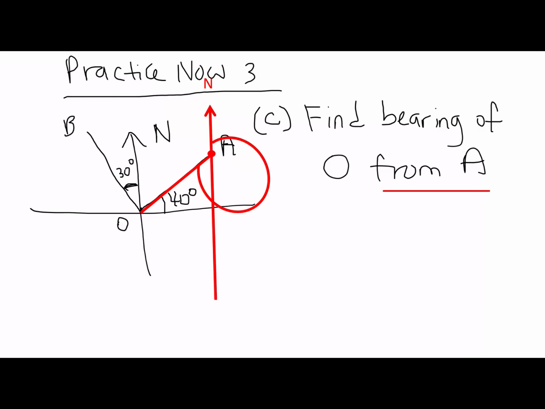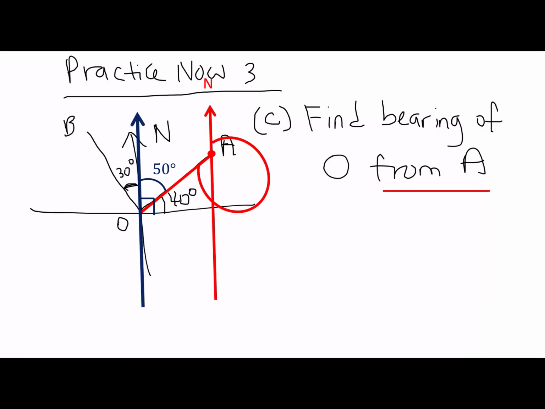Now this will take more than one step. How am I going to find this bearing? Notice that the north-south line and east-west line are always 90 degrees. So this will be 50 degrees. Now if that is 50, and I highlighted the north line there, now I have two north lines.